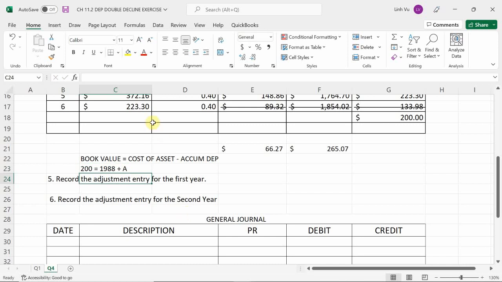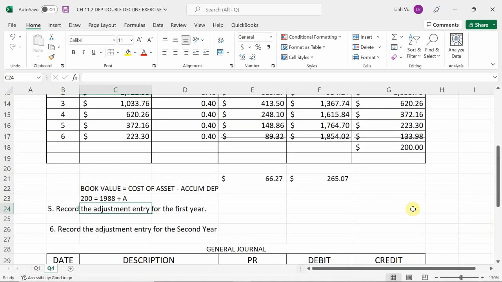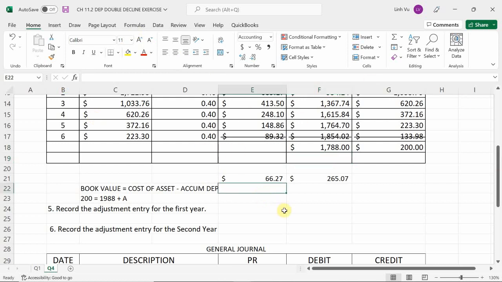So it would be 1,988 minus 200, so that'd be 1788. Good. So that's that one right there. How do I solve for my accumulated depreciation?